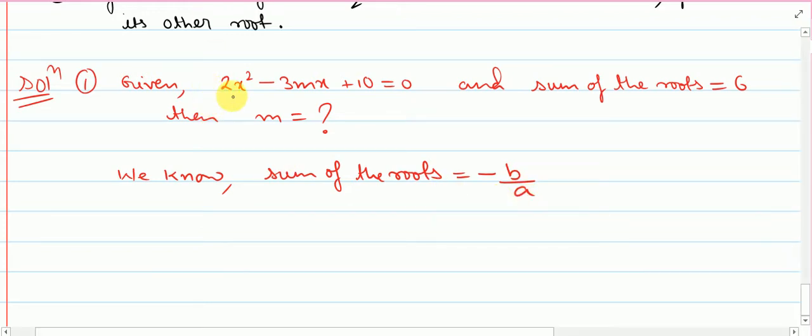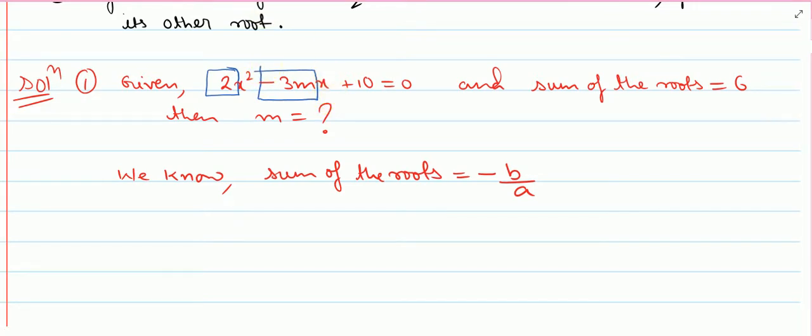This is the given quadratic equation. If you see, your a is 2 and your b is minus 3m.